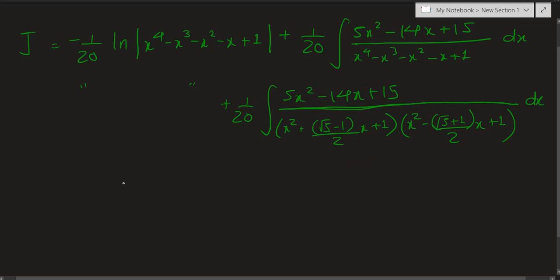So we can express this same thing, forget the integral for now, as 5x squared minus 14x plus 15 divided by this denominator.